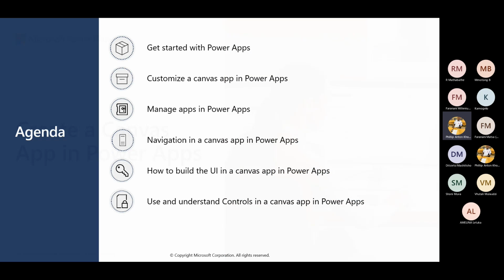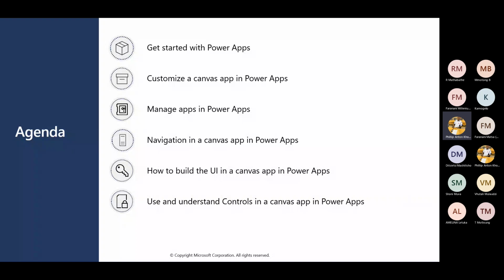Now let's look at the agenda. We will be looking at getting started with Power Apps. After that, we will customize a Canvas app in Power Apps. We will manage apps in Power Apps.